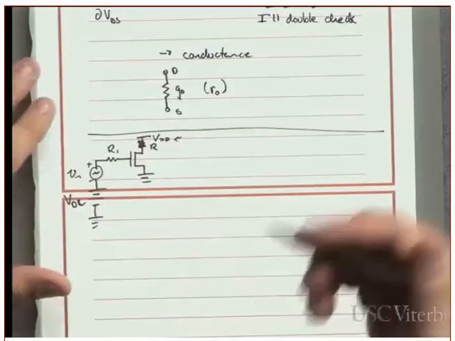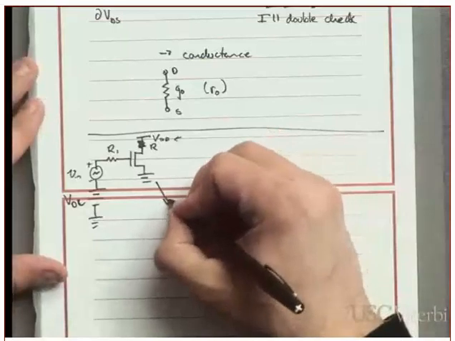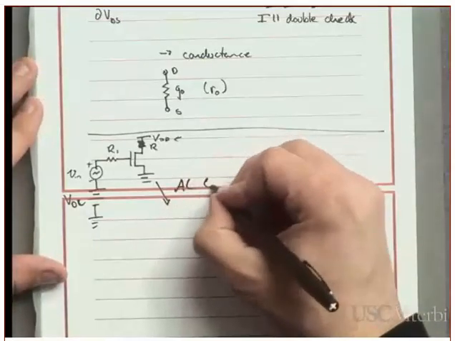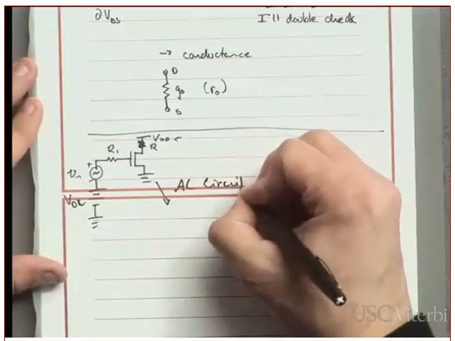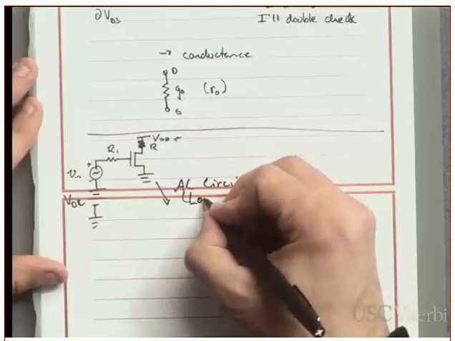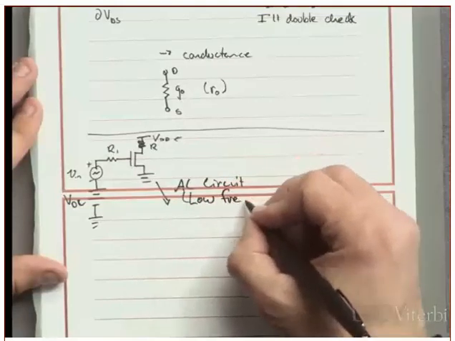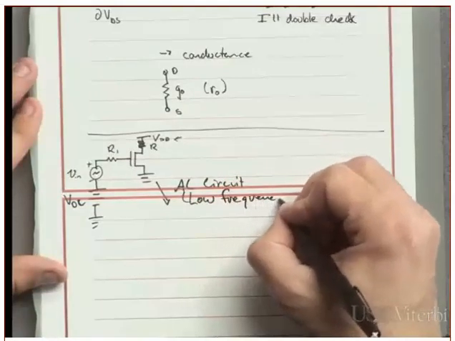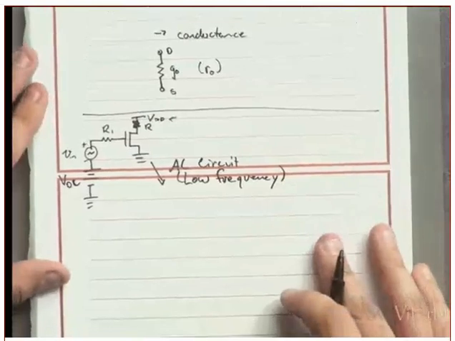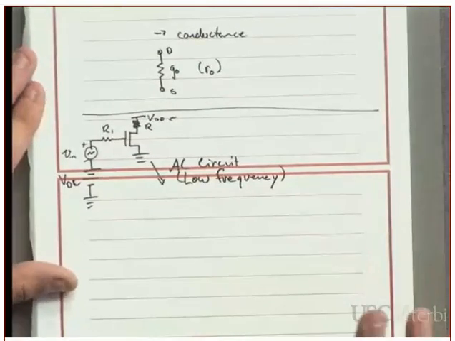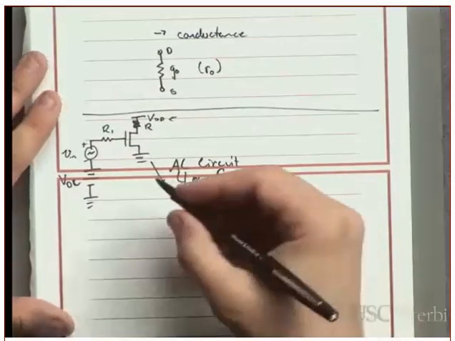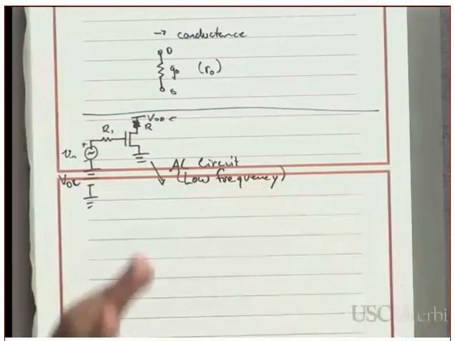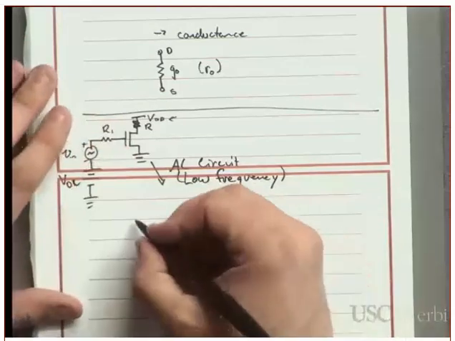So once I've done that, I need to draw the AC circuit. And I'm going to use the low frequency circuit here, just to simplify the first one, then I'll do the other components that come in when you consider higher frequencies.